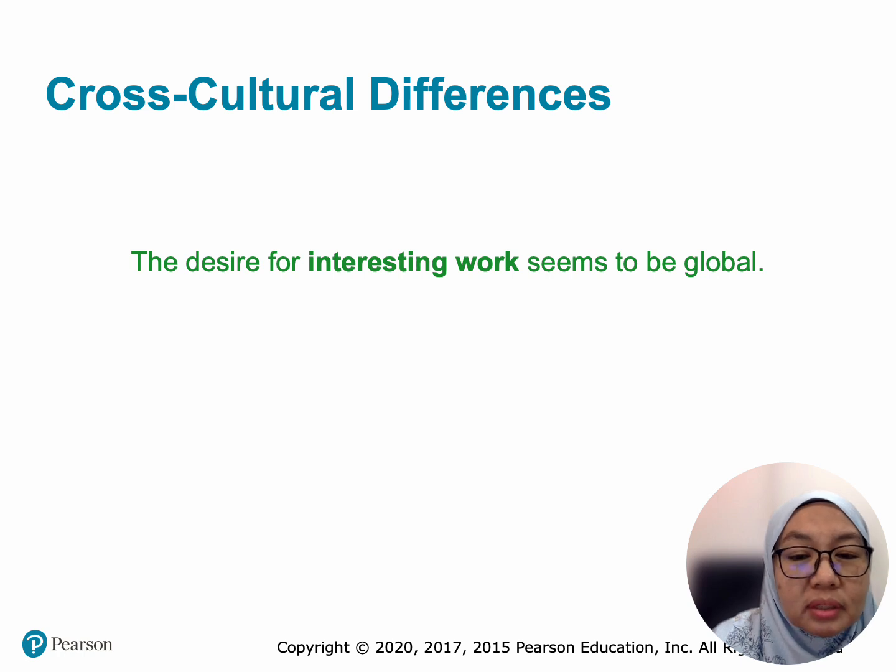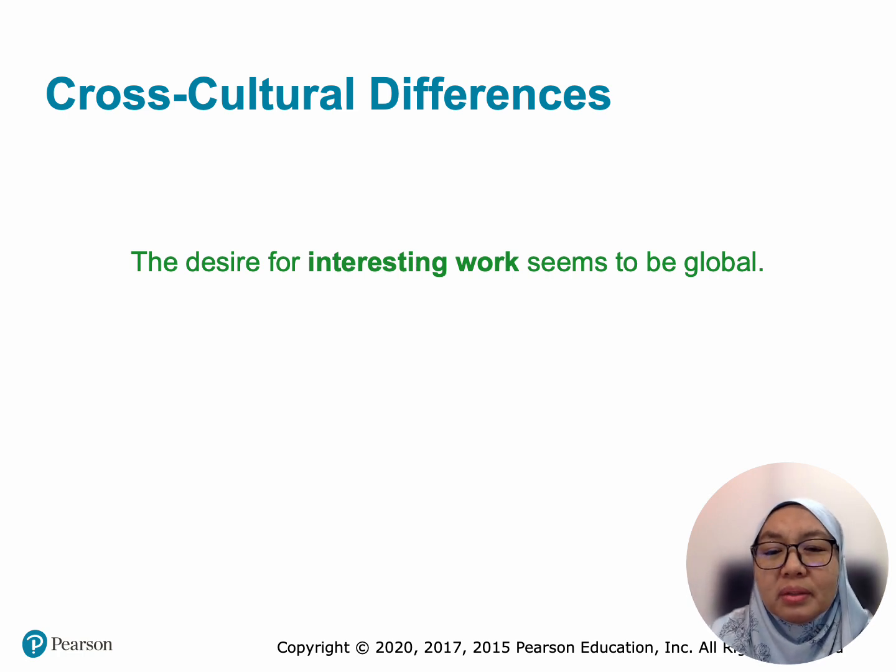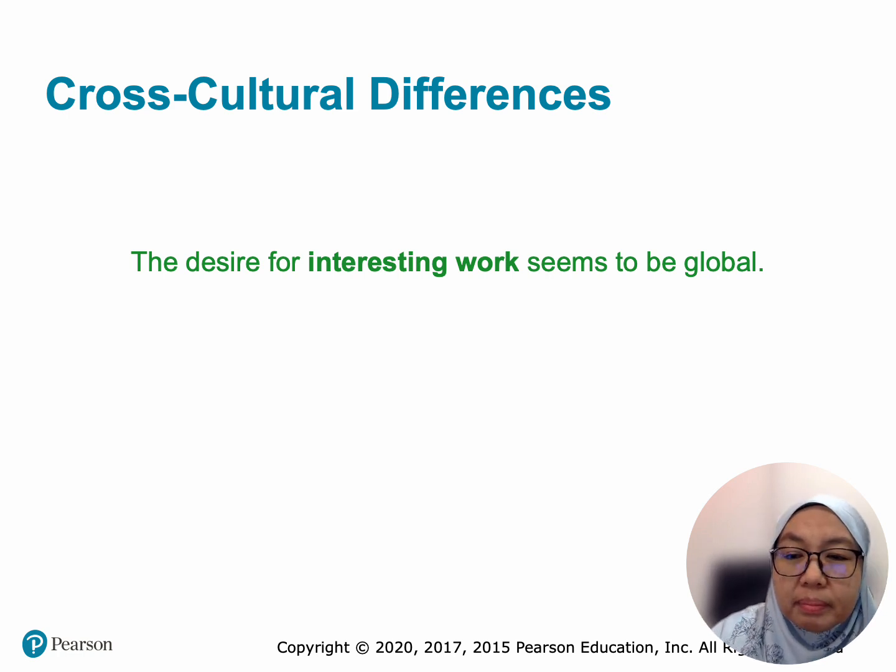They want to work in interesting work, not boring work, not stressful work. So equity theory has a relatively strong following in the United States, which is not surprising given that US-style reward systems are based on the assumption that workers are highly sensitive to equity in reward allocation.